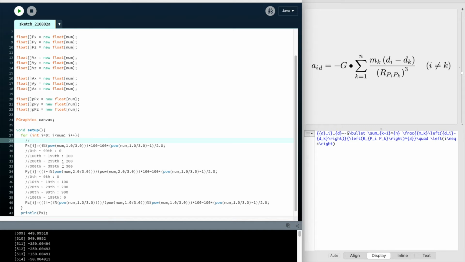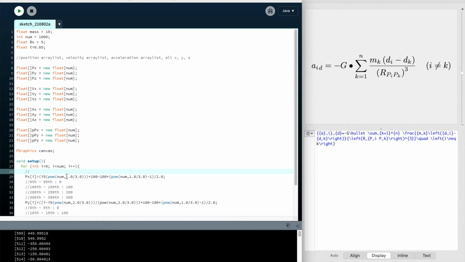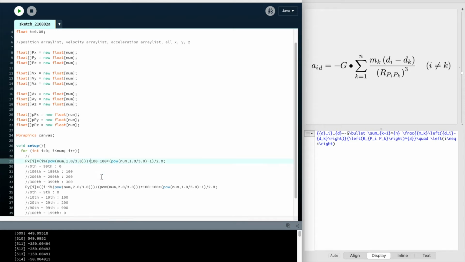Divide by 10, so percentage of number by 10. Maybe it's because there's a float value here somewhere. But I think this works because 550 and then back to 350. As long as there's a repeating pattern every 900, it's fine. I think it is working. So I think that's fine.